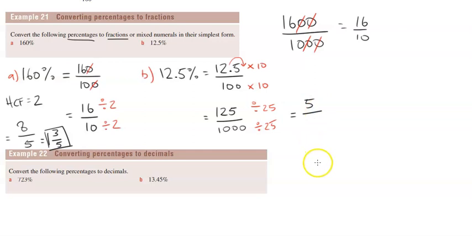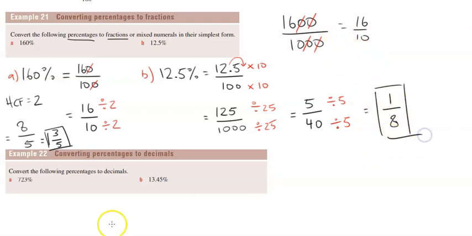And how many 25s go into 1,000? 25, 50, 75, 100. It goes into 100 4 times, so it's bound to go into 1,000 40 times. Now again, this can be divided again. So let's divide this by 5 and divide this by 5 because it's another factor of 5. This is equal to 1 over 8. So 12.5% as a fraction is 1 over 8.